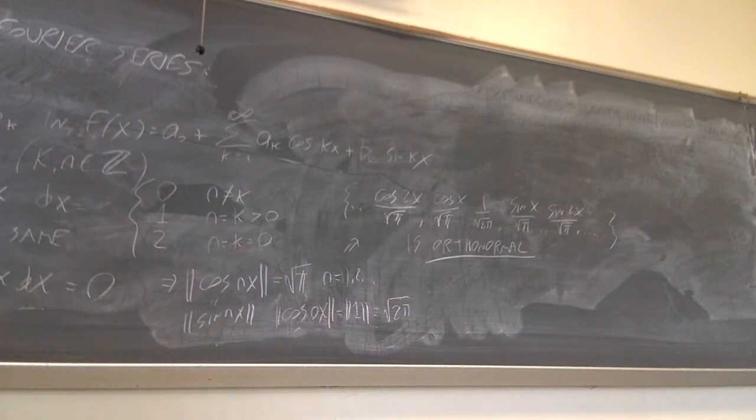How do you know these are orthonormal? I didn't go through the proof of this. So if you were to evaluate the actual integral, like cosine nx, cosine kx, that I'm in the middle of erasing, what you do is you use a product to sum formula to rewrite cosine nx, cosine kx, or sine, or whatever you have. And those product to sum formulas give you a form for the integrand that you can readily integrate.